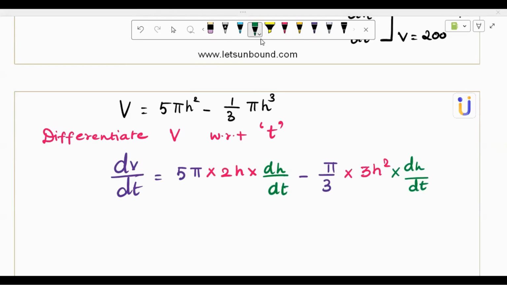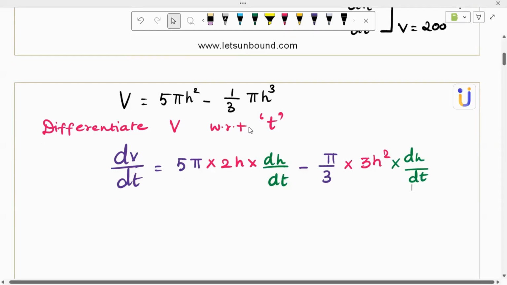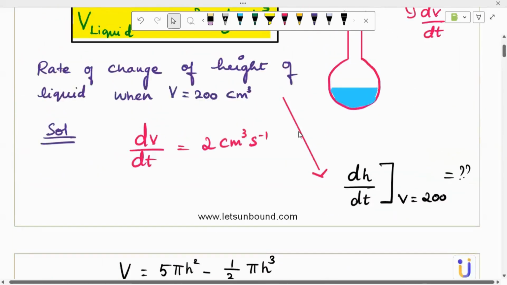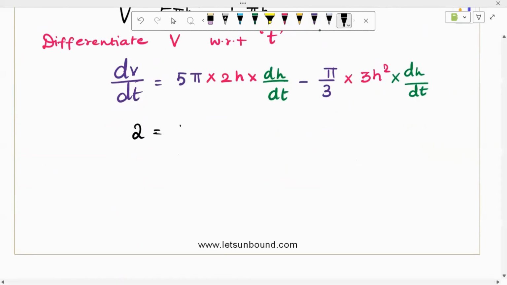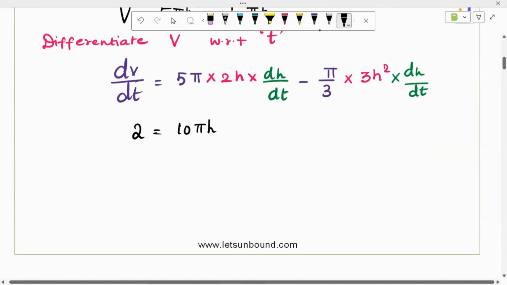So dv by dt equals 5 pi times this. I know dv by dt, it's 2 centimeter cube per second, so I can just substitute and start simplifying further. So 2 is equal to 10 pi h dh by dt minus, let me cancel out this 3, minus pi h square dh over dt.